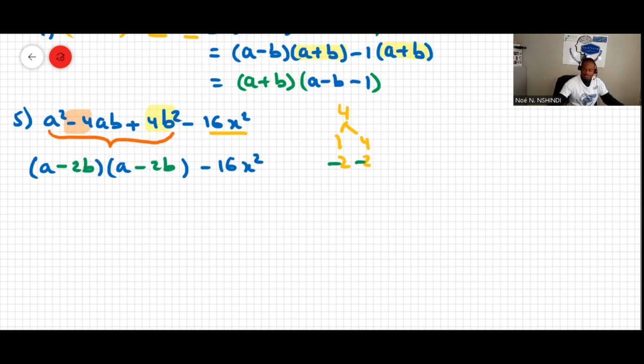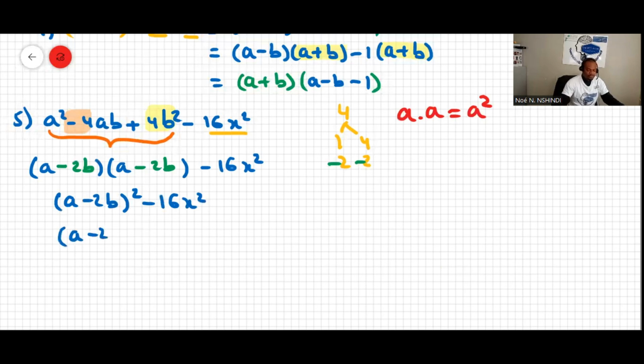Now remember, this is a perfect square because if we have a times a equal to a², so a minus 2b times a minus 2b makes a minus 2b squared, so a minus 2b raised to the power of 2 minus 16x². Now that would be a minus 2b raised to the power of 2. 16 is a square number, can be written as 4² and x².